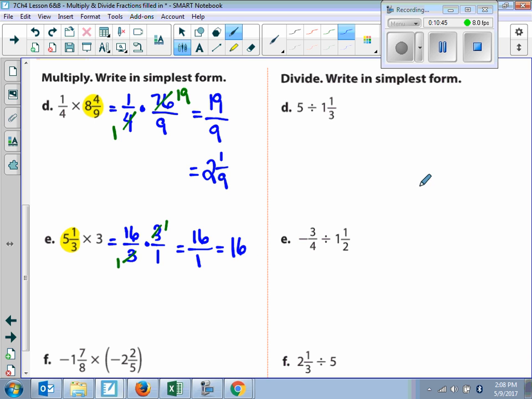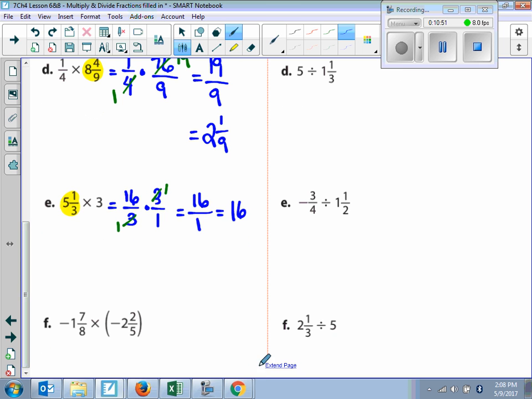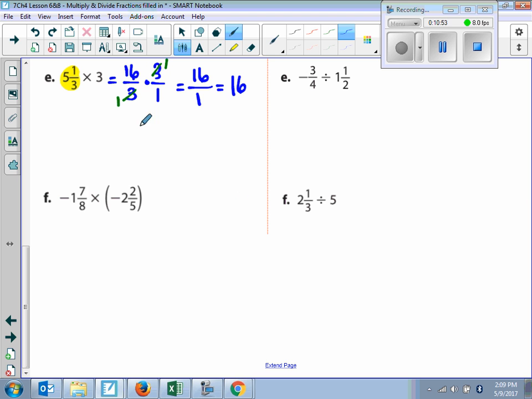Okay? All right. How about this division? So if I'm dividing, let's do the F first. Okay, let's do this one. So here now we have two mixed numbers, right? We're going to change them both to improper fractions.